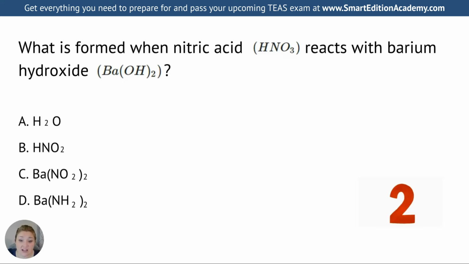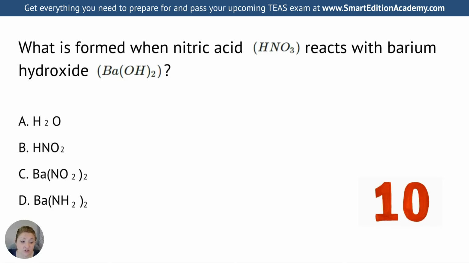So the HNO3 will lose the H. The BaOH will lose the OH. And those two will combine to form water, the H from the acid and the OH from the base. What we're left with is the other products, the NO3 and the Ba.